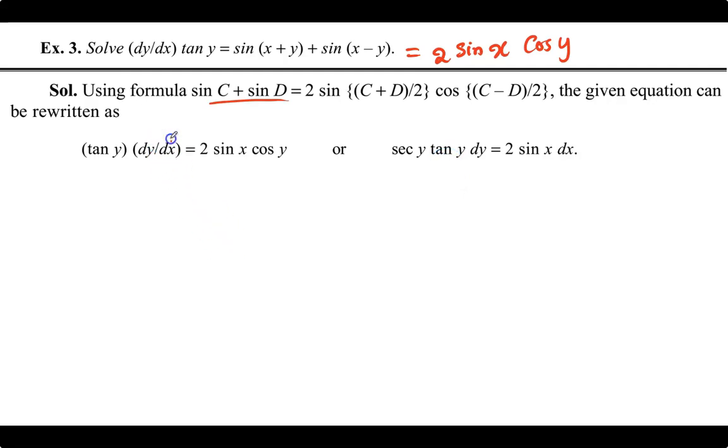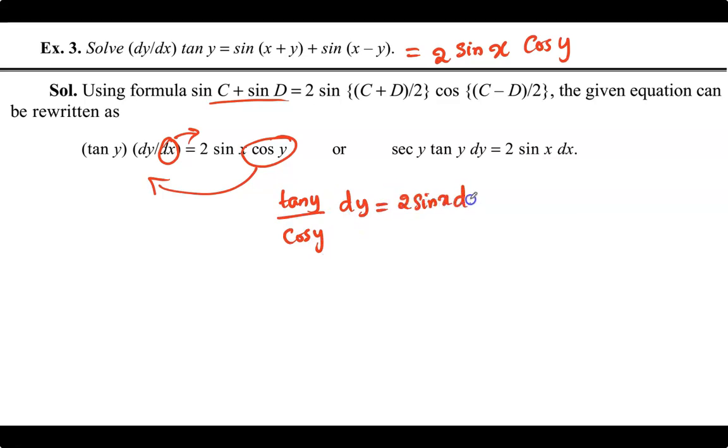We can bring this 1 by dx to the RHS and we can take this cos y to the LHS to separate the variables x and y. Then we will get tan y by cos y dy equal to 2 sin x into dx.